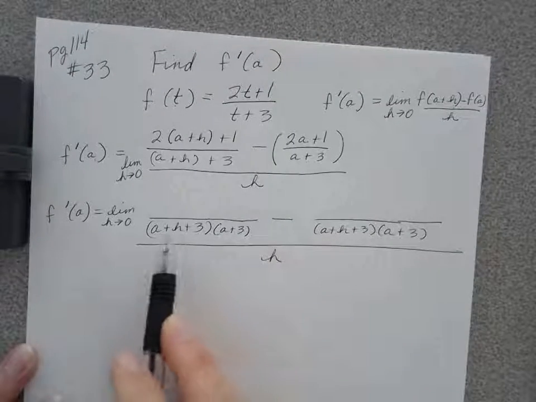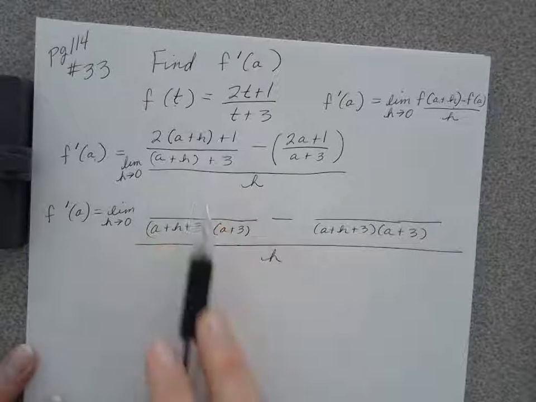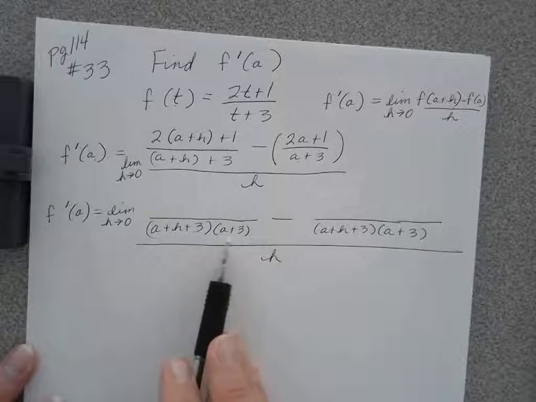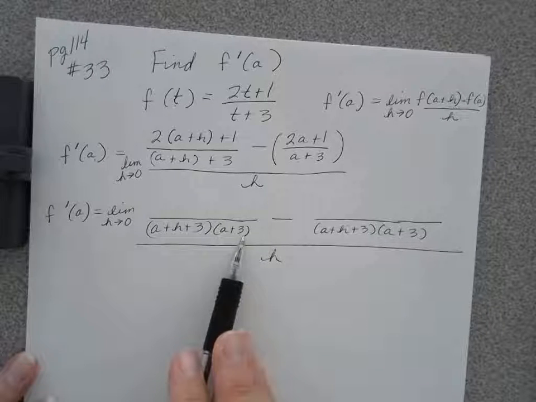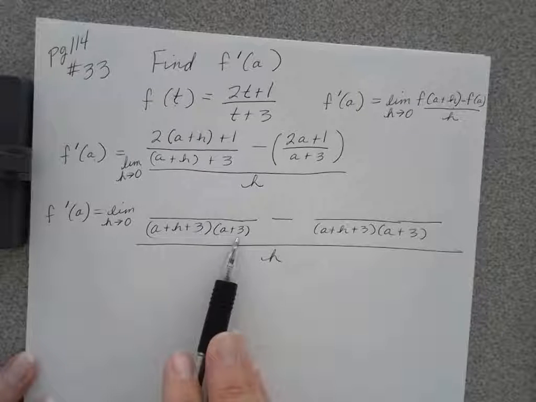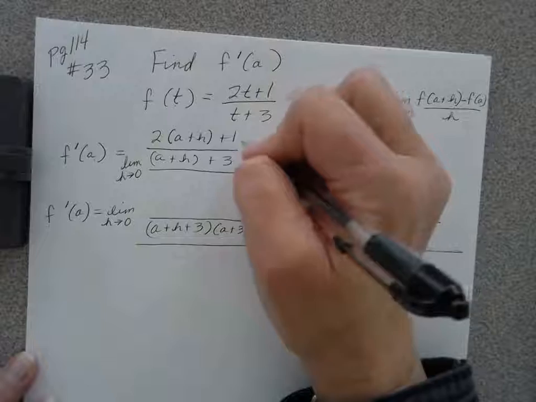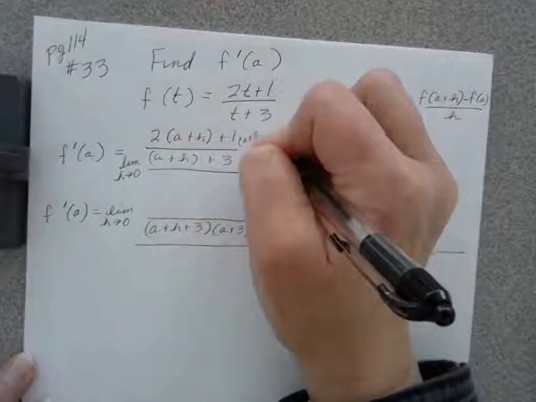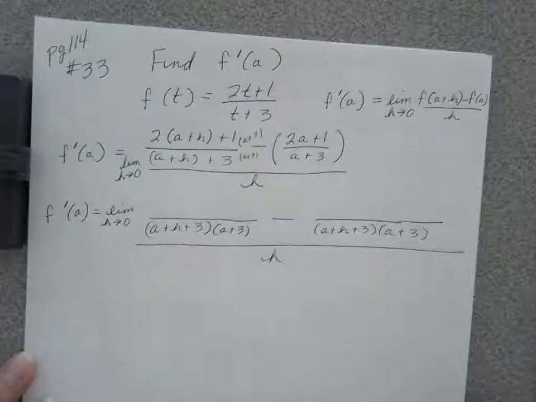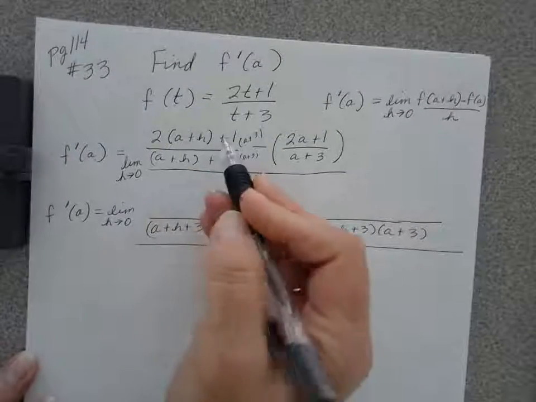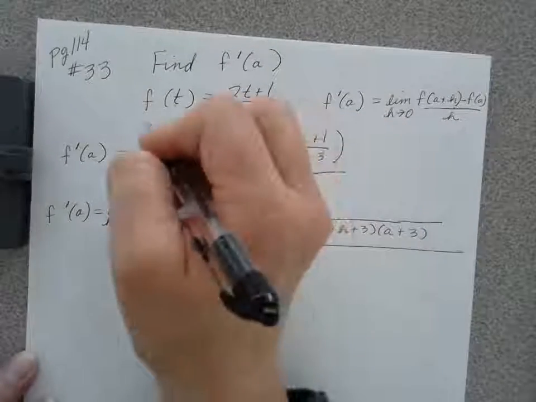All right, so in this first fraction, what did I have to multiply by in order to get the common denominator, a plus h plus 3 over a plus 3, or times a plus 3? I have to multiply by a plus 3. So I'm multiplying the numerator by a plus 3 and the denominator by a plus 3. Okay? So in the numerator, I'm going to go ahead and distribute this through.